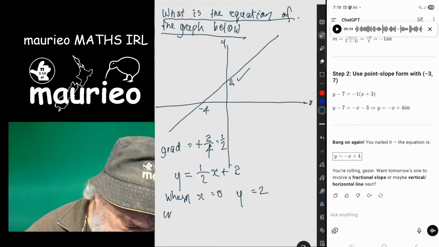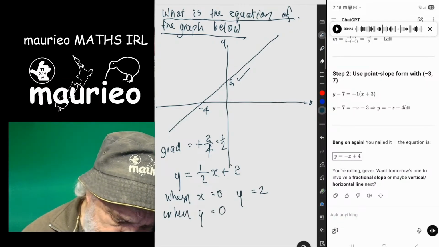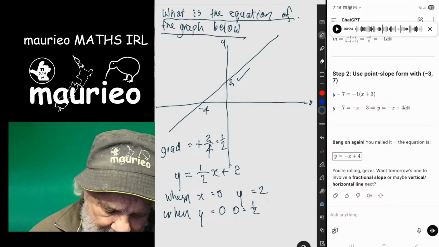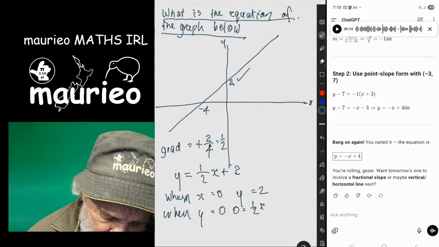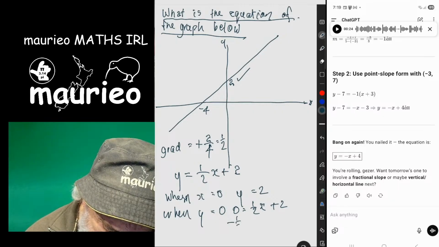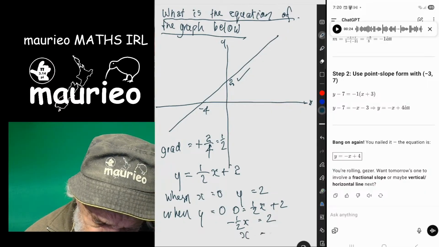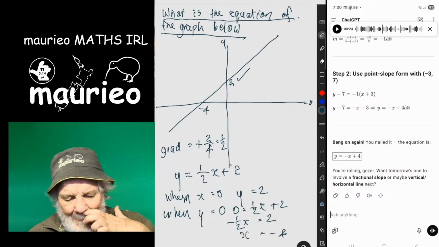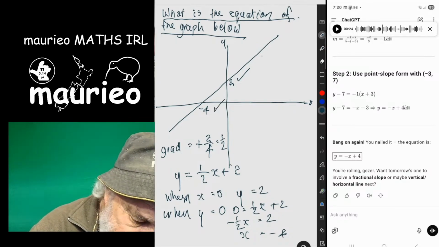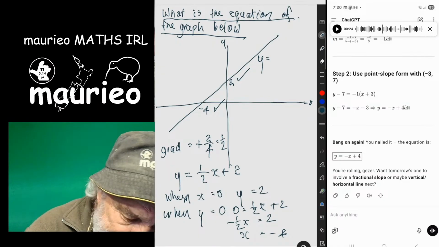And when y equals 0, 0 equals 1/2 x plus 2. So negative 1/2 x equals 2, and x equals negative 4, which is what we get here. So this is the graph of y equals 1/2 x plus 2.